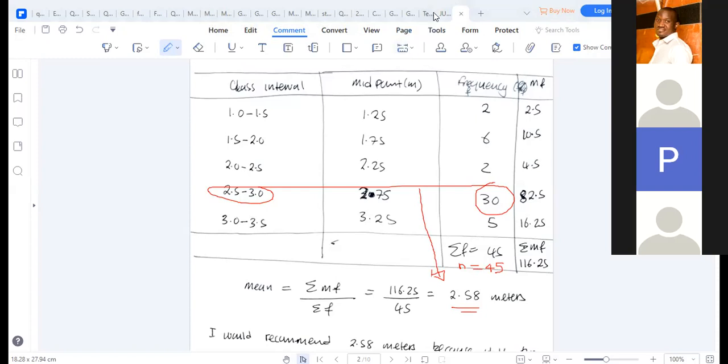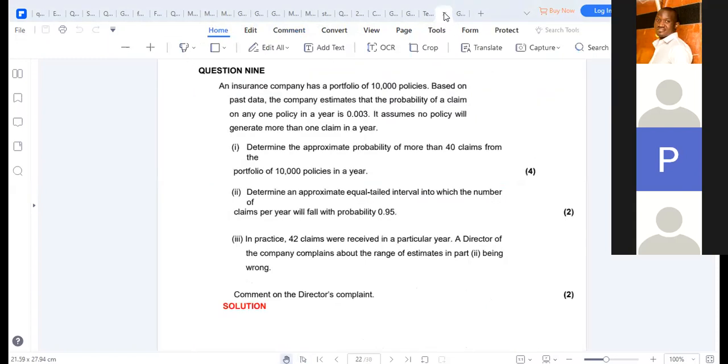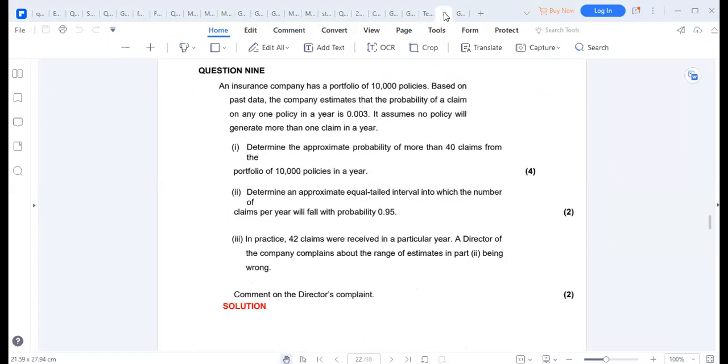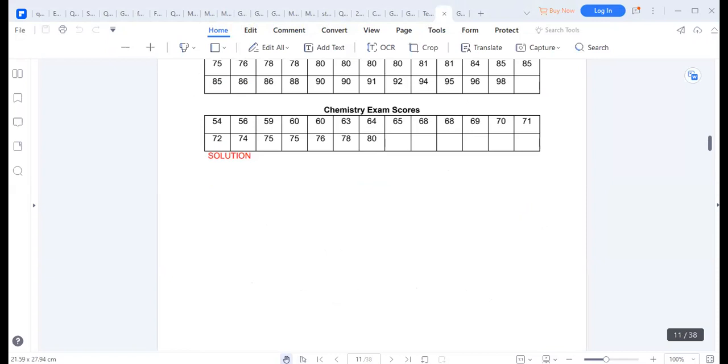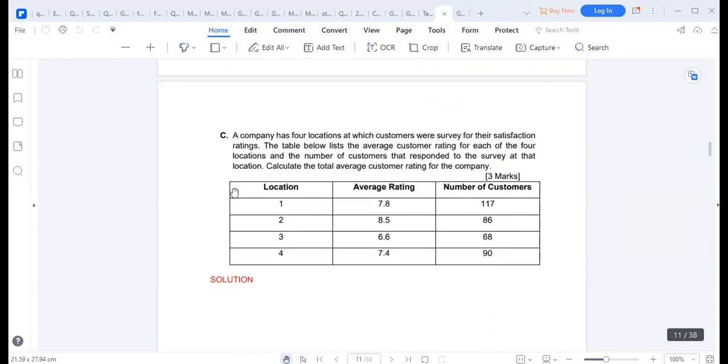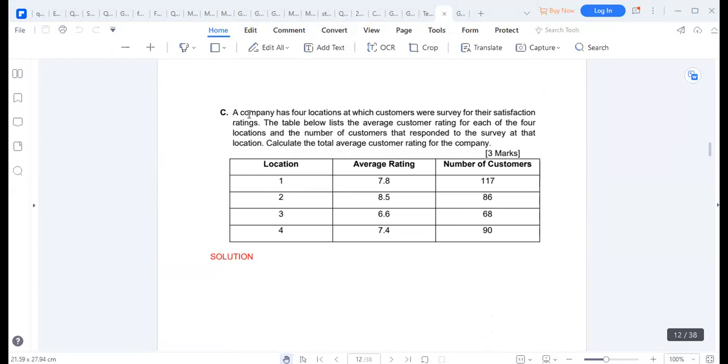So we go to another question, just on statistics, and we'll go to something else. Statistics comes in different ways. We are told that a company has 4 locations with the ratings, location 1, 2, 3. These locations have no numerical value.